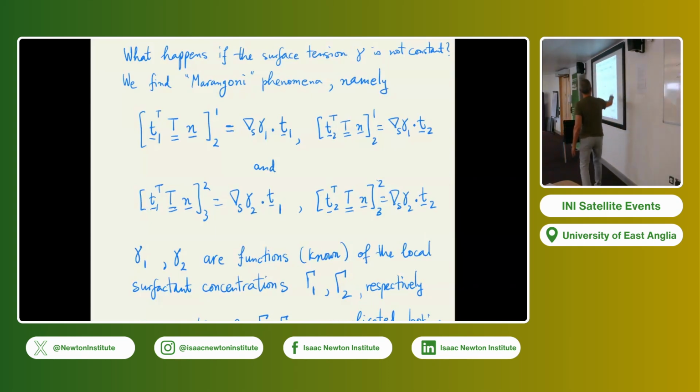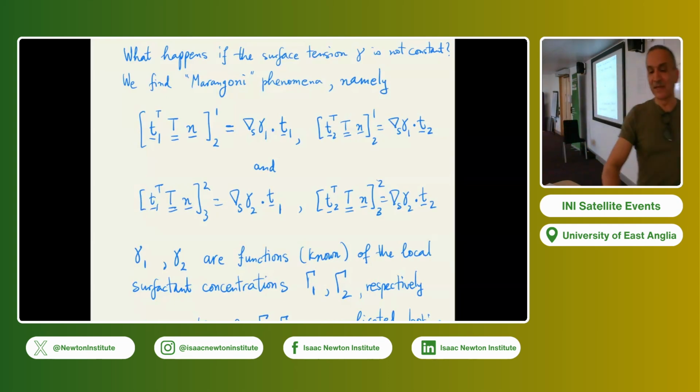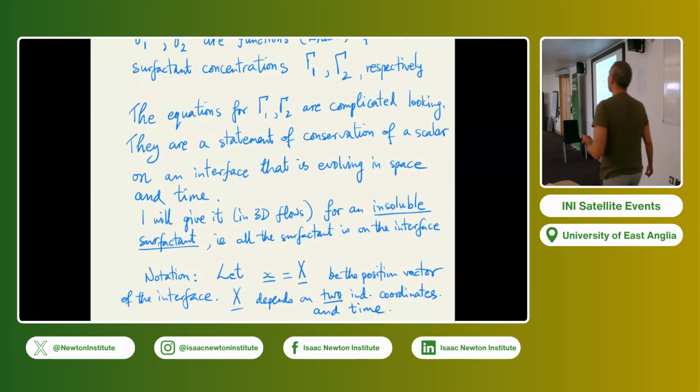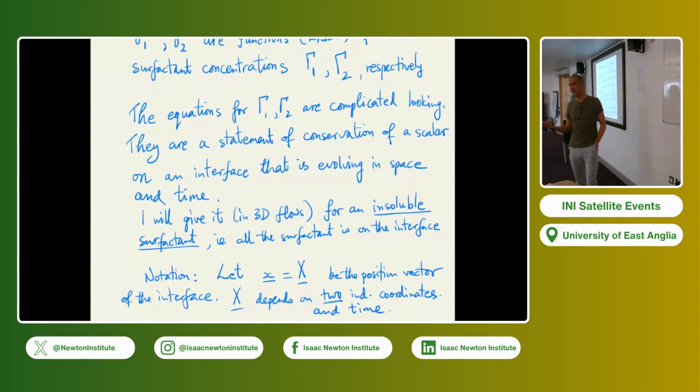So what else? It's what I was saying before. I added more physics, and I know how to deal with my equations, but that means I've added more unknowns. And what are these unknowns? In this case, the unknowns will be the local surfactant concentrations at the interface.